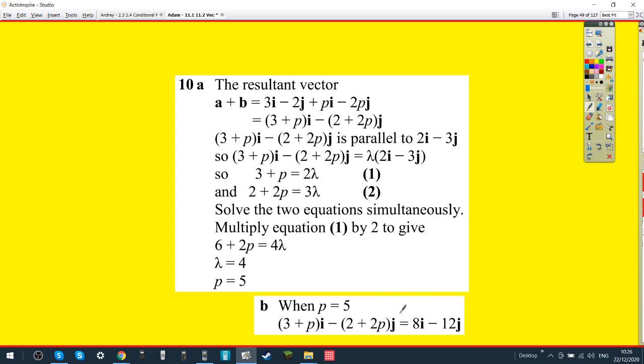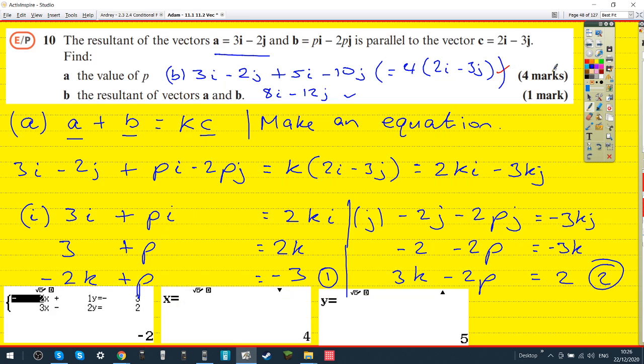Big picture for this one is the resultant of A and B is parallel to vector C. That means the resultant of A and B, which means A plus B. If it's parallel to C, then it's equal to K times C, where K is just a scalar, just a number times by it.